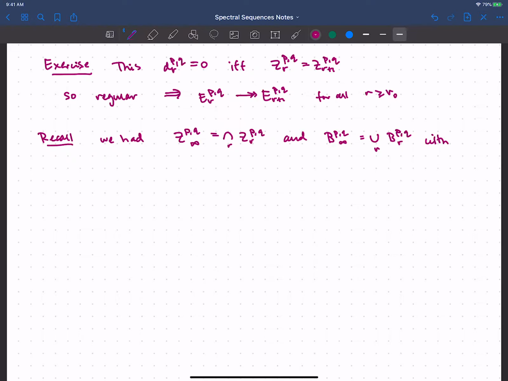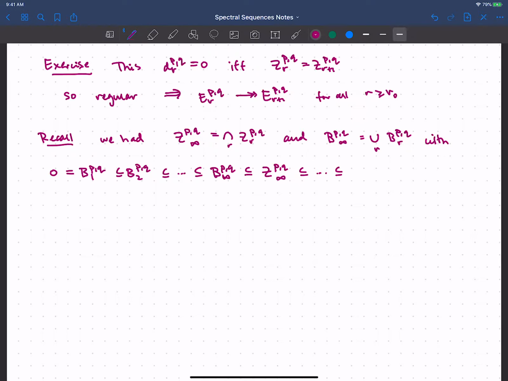And we had this filtration. Basically, we had these nice containments. So B_1^{p,q} was just 0, and that sat inside B_2^{p,q}, and so on. And then the union was this B_infinity^{p,q}. And then that sat inside Z_infinity^{p,q}. And that was the intersection of all of these Z_r's, and they were all nested too.